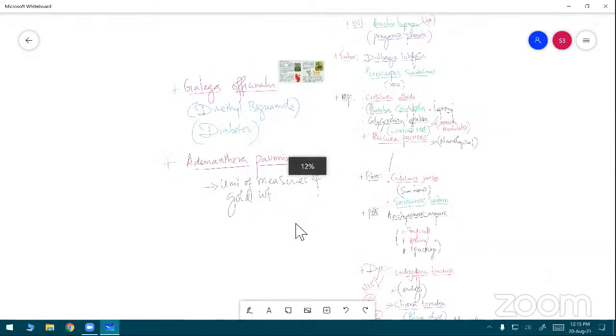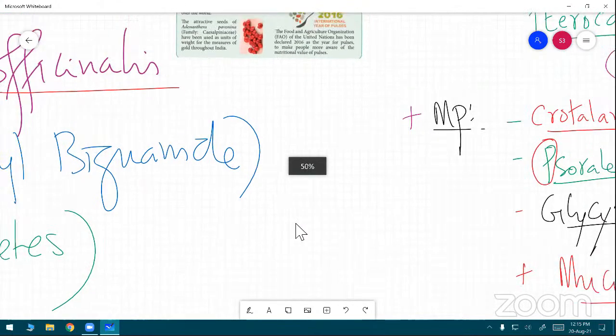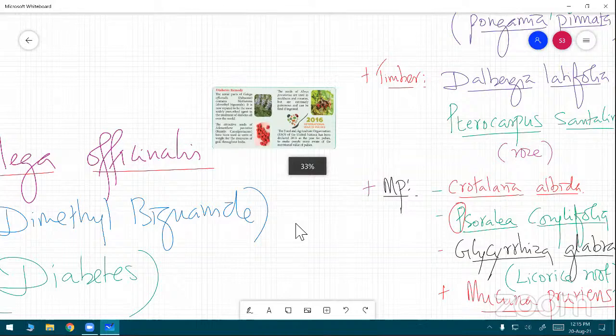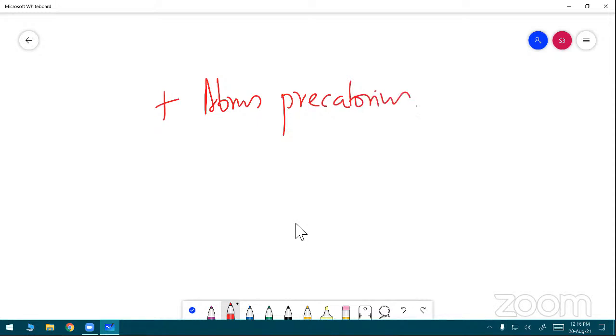And one more plant is there, a very poisonous plant, that is also used for making necklaces and rosaries. That is Abrus precatorius. This is very highly poisonous. Dear student, please understand, right? This is a very important area. The seeds of Abrus precatorius are highly poisonous.